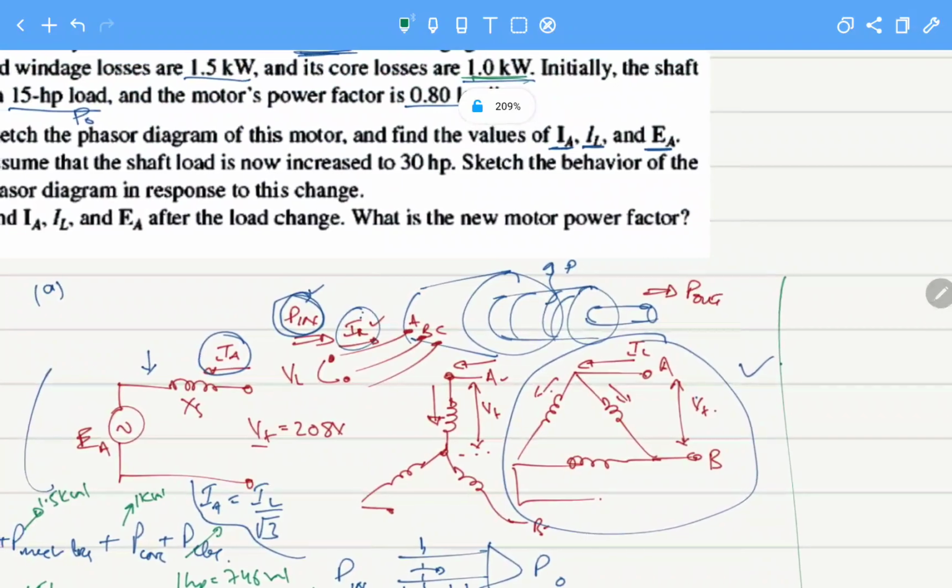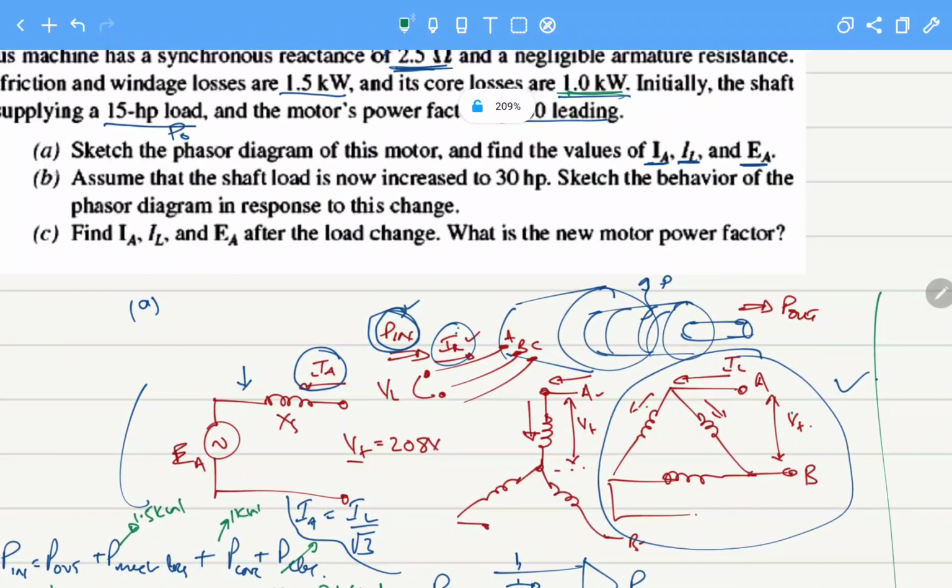The next part of the problem, parts B and C are actually part of a single question: if the load is doubled on the motor from 15 horsepower to 30 horsepower, sketch the behavior and also find IA, IL and EA.